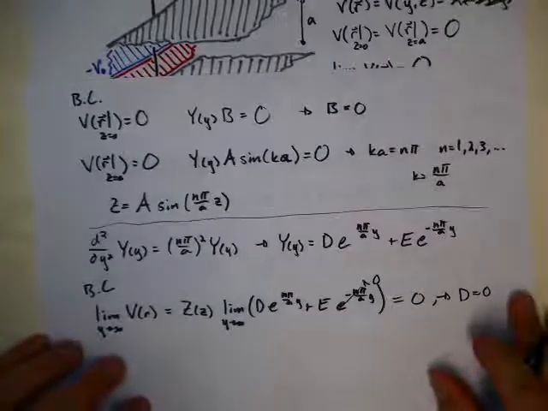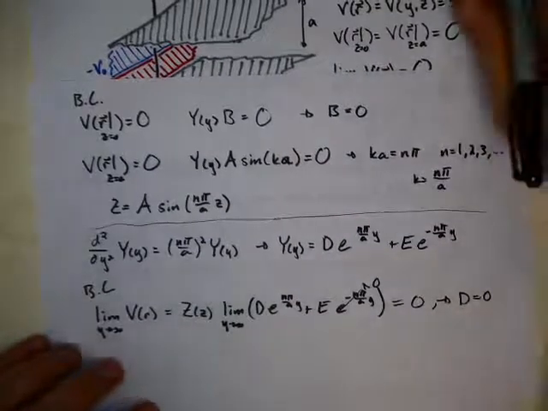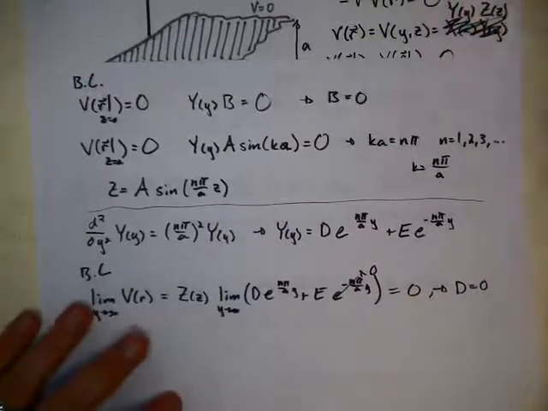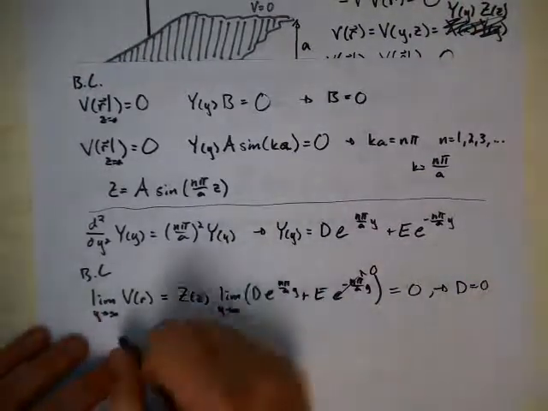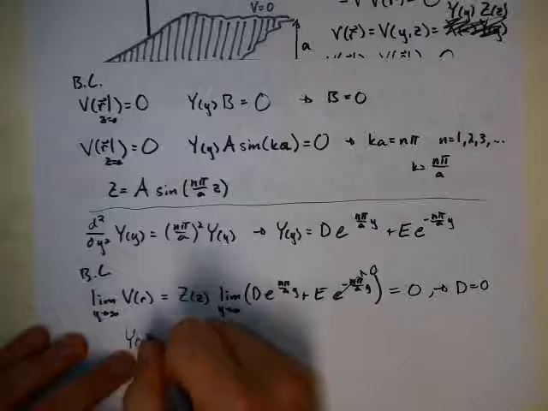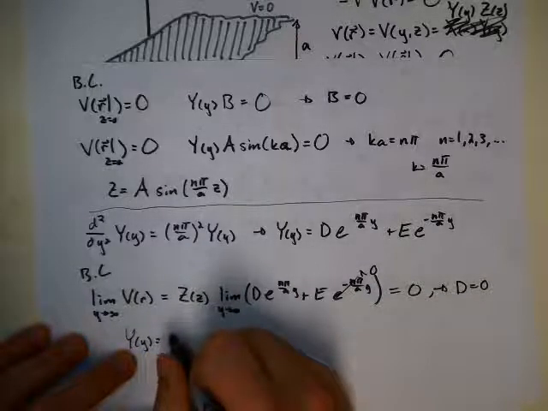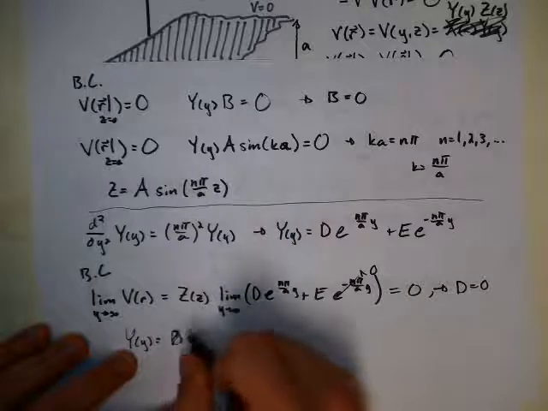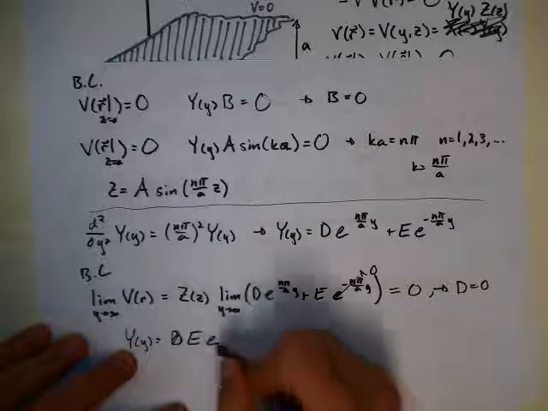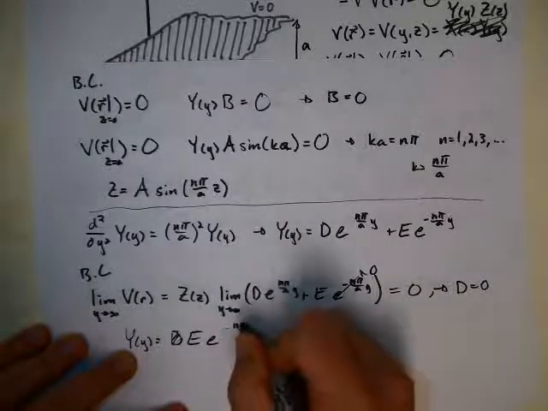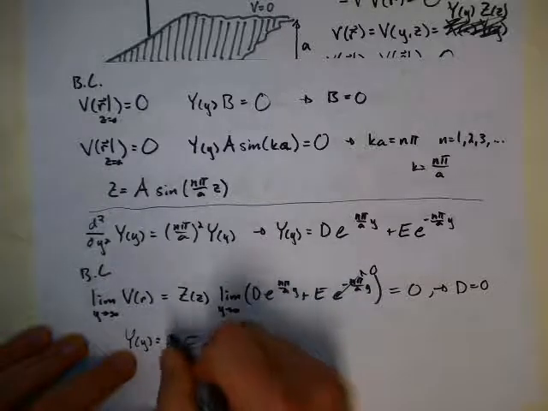Okay. So now I'm going to combine what I know about y. My Y of y needs to now be capital E exponential of minus n pi over a y.